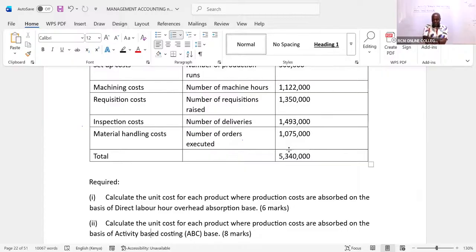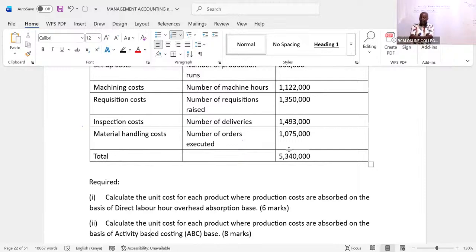And the factor in this case is direct labor hour. So I suppose you guys can do this first part on your own, given the exposure that you have. But of course, I know you would want Mwalimu also to do it, isn't it? So let me do it.